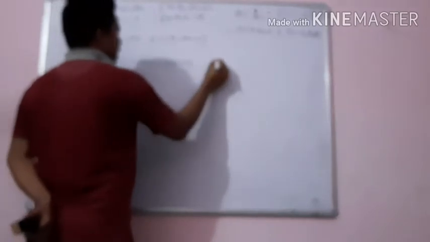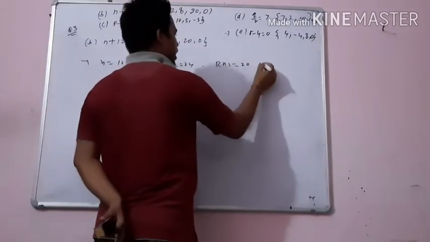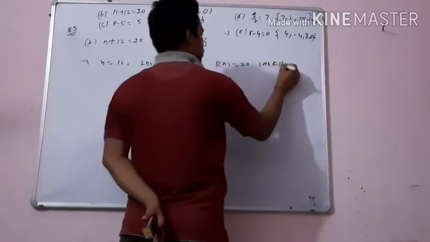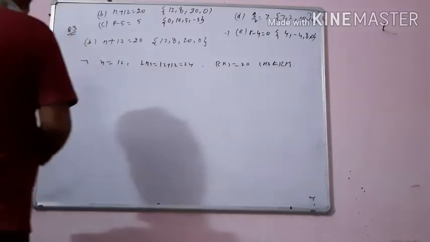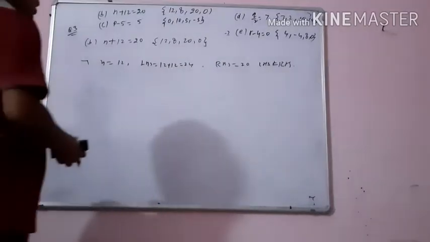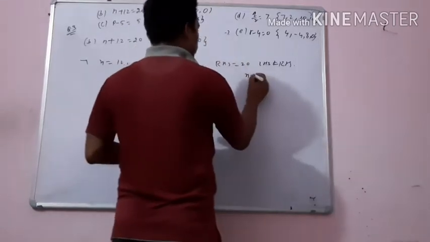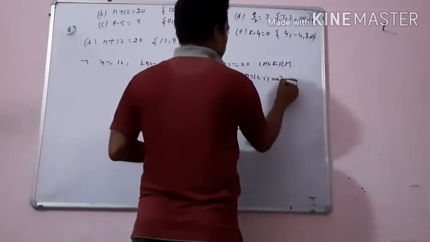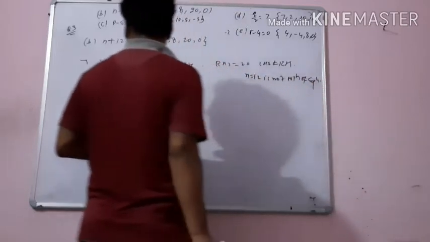Taking n equals 12, LHS will be 12 plus 12, 24, and RHS is 20. So LHS not equals to RHS, so n equals 12 is not a solution of the equation.